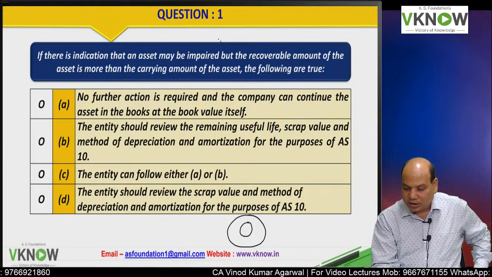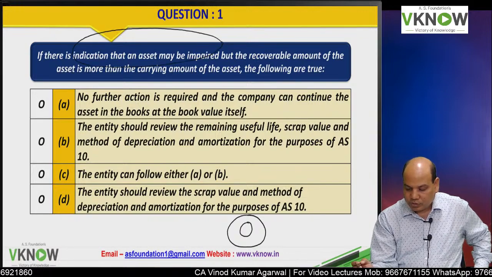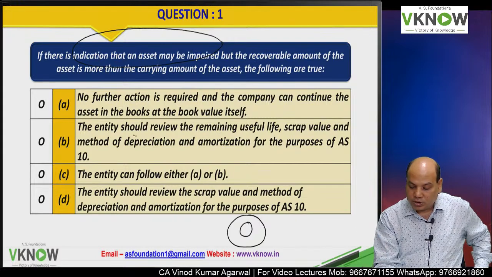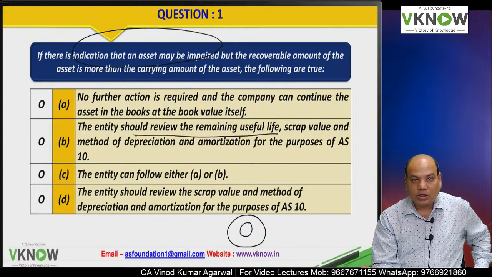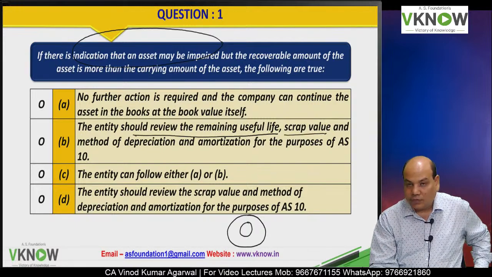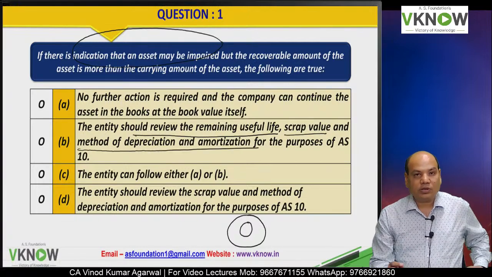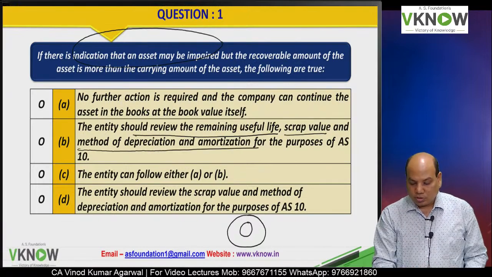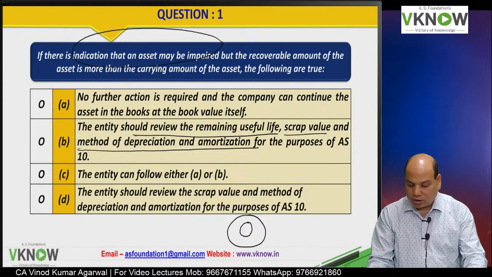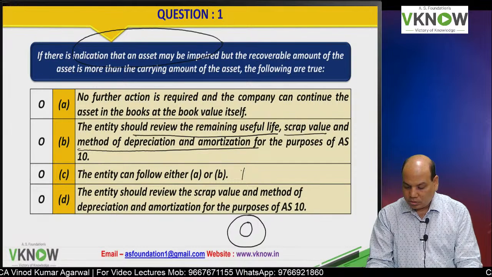So if there is an indication of impairment, even if there is no impairment, one must review the remaining useful life, as that might have changed. One might review the scrap value, one might review the method of depreciation. Let us read the other options also. The entity can follow either A or B. This is not correct.